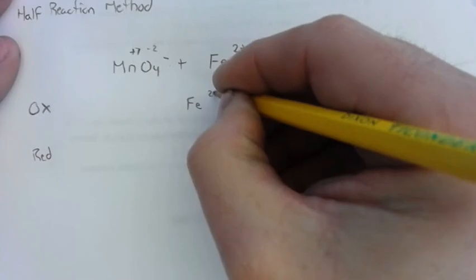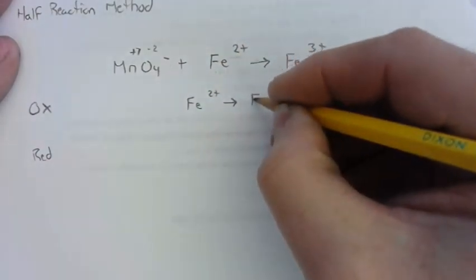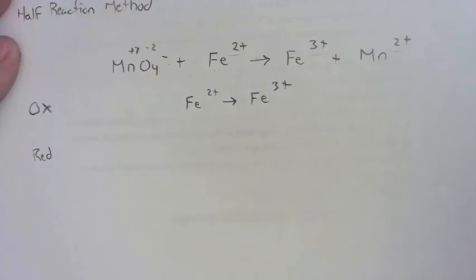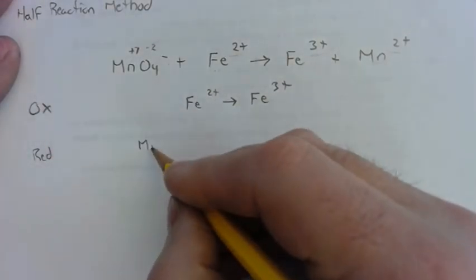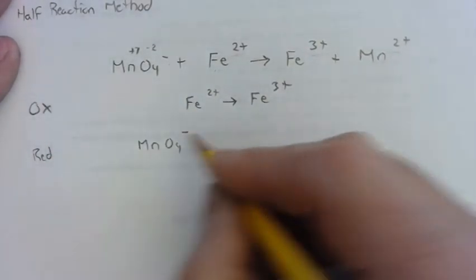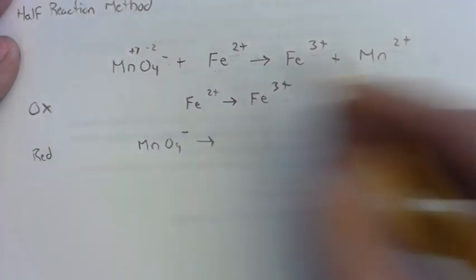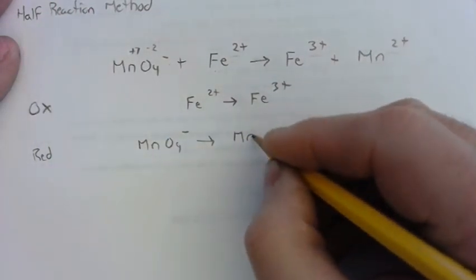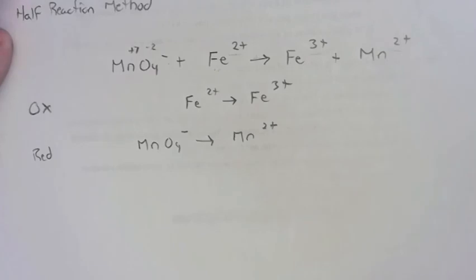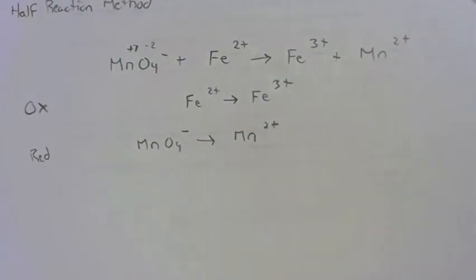So that is our oxidation half reaction. And then the manganese, along with the oxygen that's attached, is going from +7 down to +2.